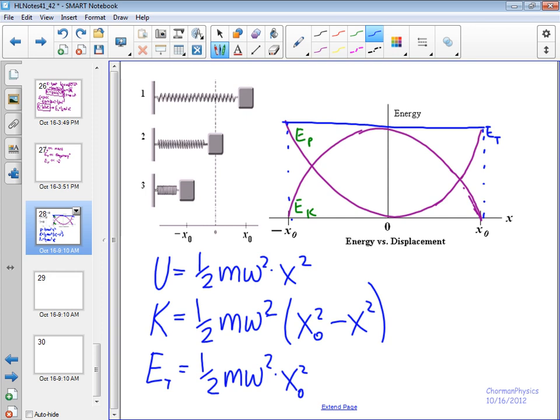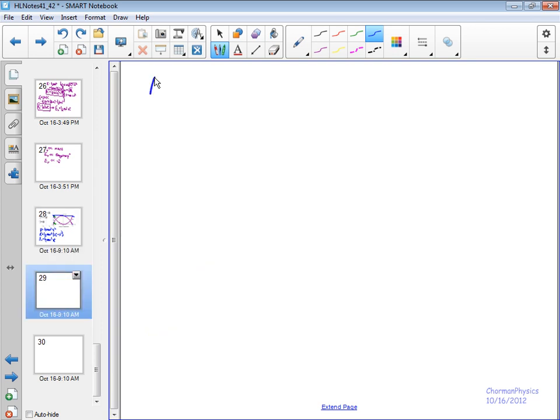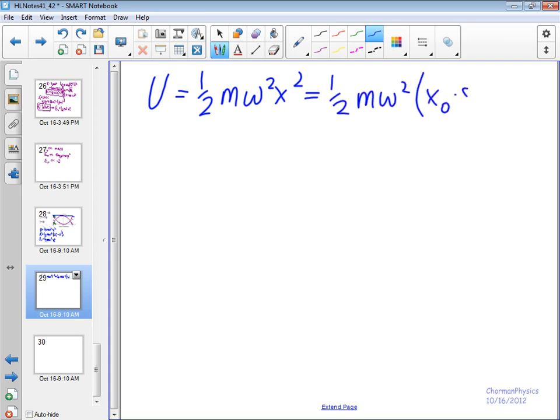Really quickly, you'll see the energy versus time. If we consider U, well, if we substitute x squared for our displacement function, what we end up with is the following.